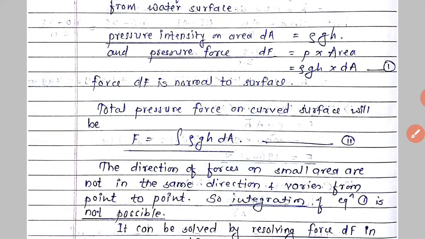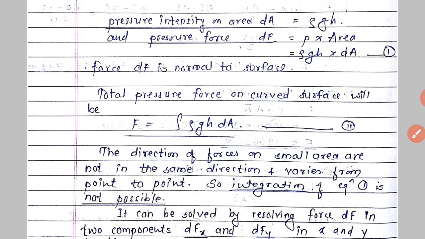Now the total pressure force on the curved surface will be given, as per previous equations, as F is equal to integration of rho gh dA. That is, we are going to integrate the pressure force acting on the strip or fluid element so that we can get the total pressure force on the curved surface.